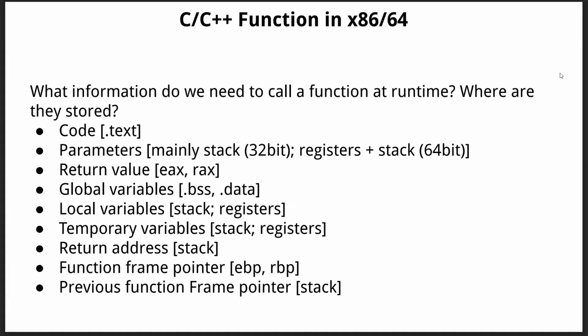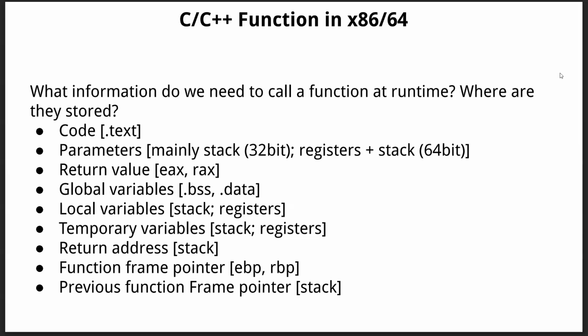In 64-bit, we have many, many more general registers. That's why we use registers to pass parameters. However, we still only have a limited number of registers. But a function can take an unlimited number of parameters, a very long list of parameters.